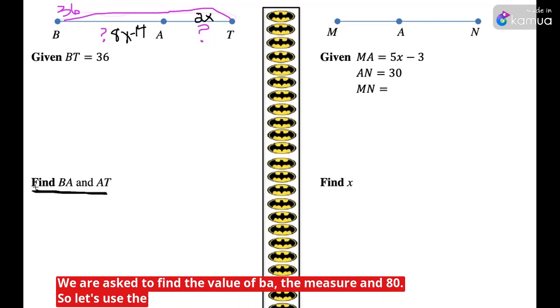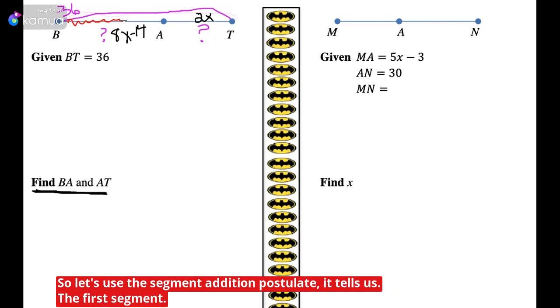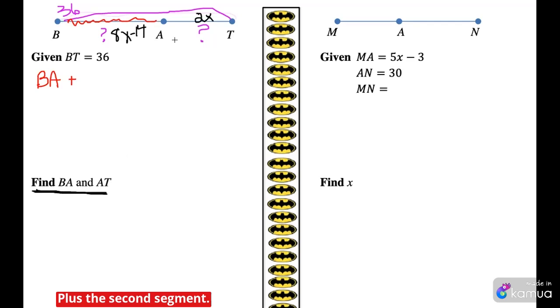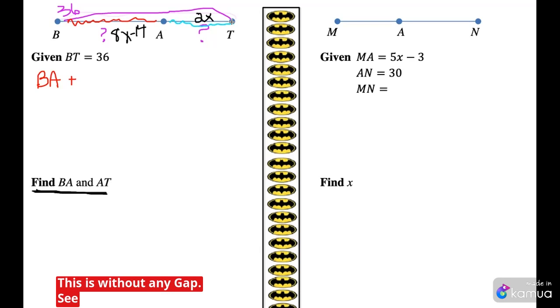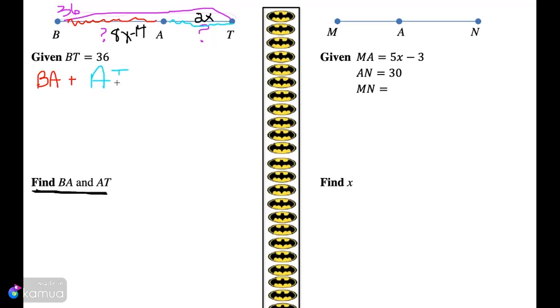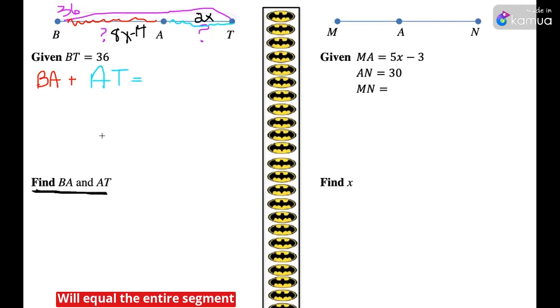So let's use the segment addition postulate. It tells us the first segment, which is BA, plus the second segment, and this is without any gaps, see, they are touching, plus the second segment, AT, will equal the entire segment BT, okay?